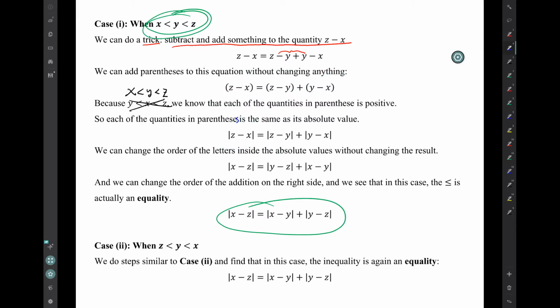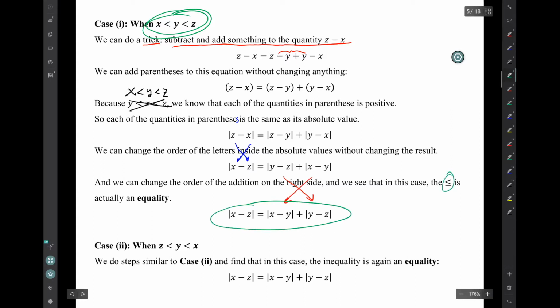We can change the order of the letters inside the absolute values without changing the result, and we can change the order of the addition on the right side without changing the result. And we see that we end up with this equation. We see that the less than or equal to sign in the triangle inequality is actually an equal sign.